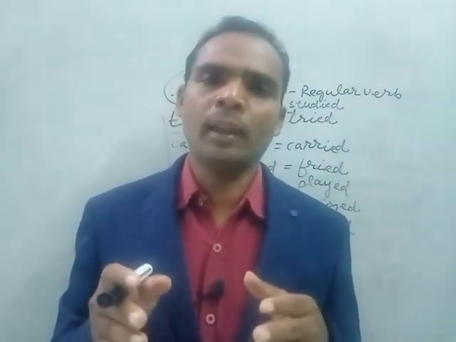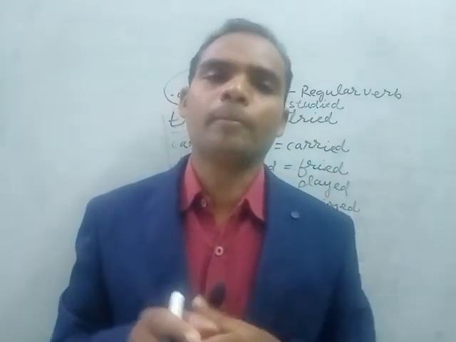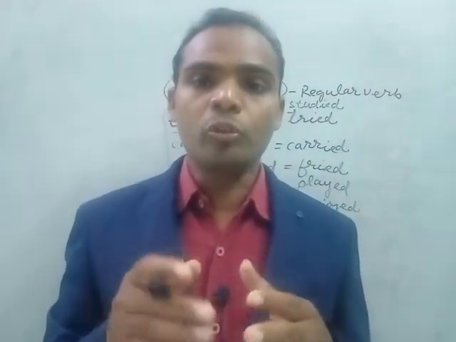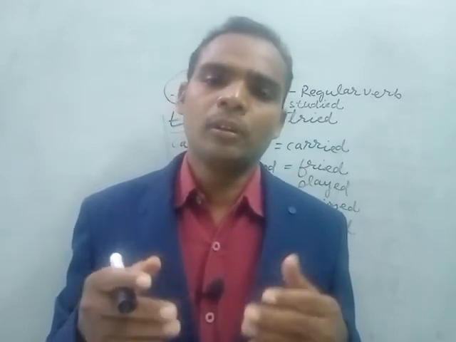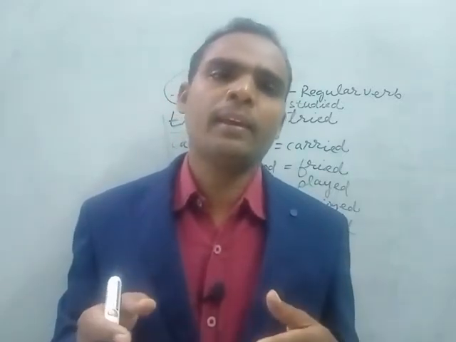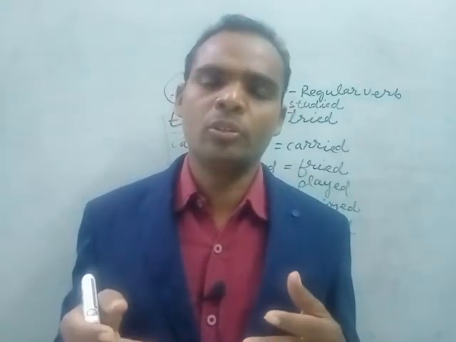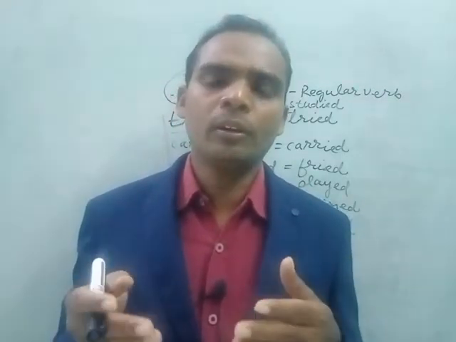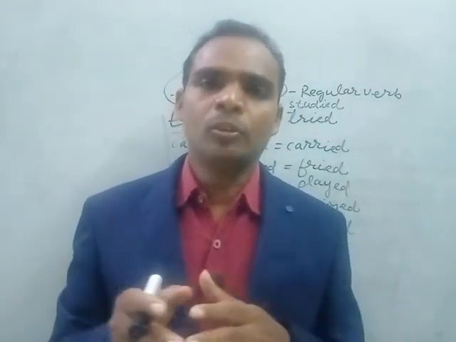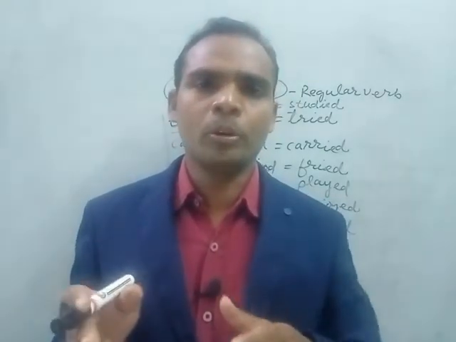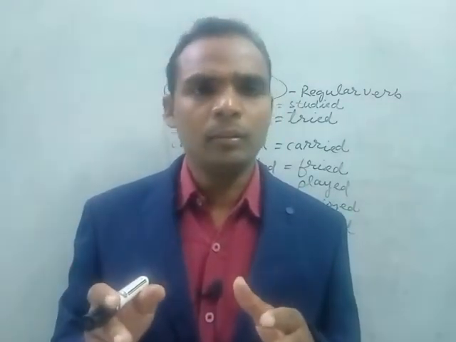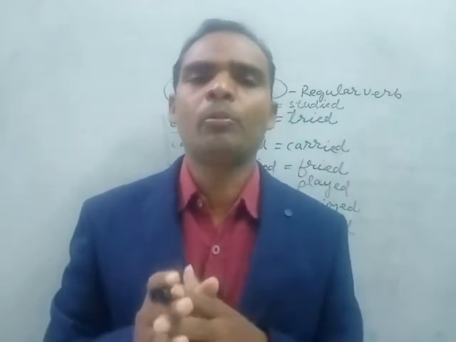You have to add only ed. And before the consonant, like try, reply, fry, carry, study, marry, here you have to add ied. So how to make the past form in regular verbs, I have already explained it. You have to practice it.